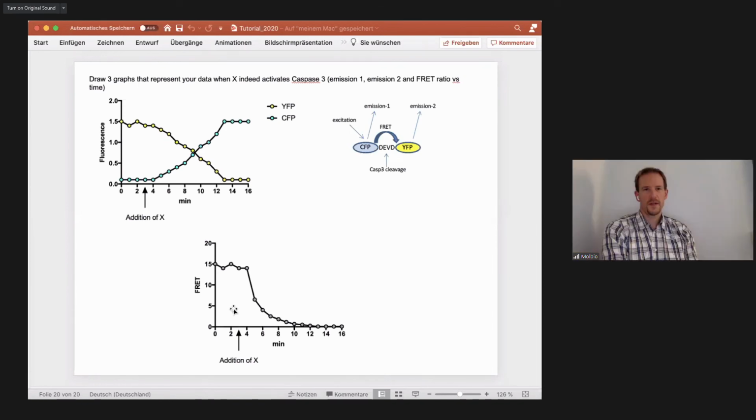And the FRET is simply emission of YFP divided by the emission of CFP. So in the beginning, it's going to be a number larger than 1. They are all positive. But at some point, you will have a break-even where it's going to be 1. And then with time, it's going to be less, because all the sensor has been cut.